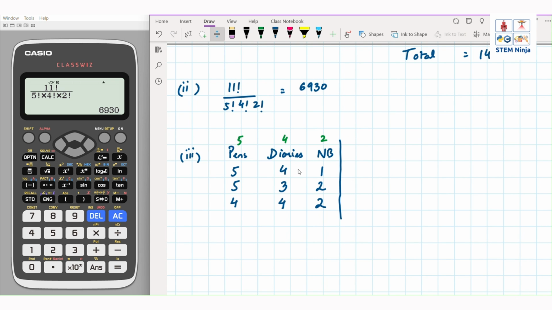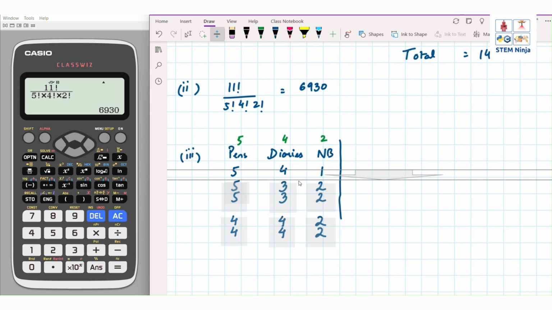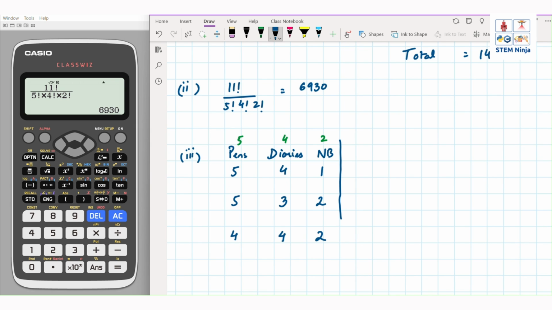Now let's make the combinations. They are going to be slightly different. Because we have identical pens, we have identical scenarios, so we have to be a little bit careful. For this one, it is 10 factorial divided by 5 factorial, 4 factorial, and 1 factorial, which is just 1, because we have 10 presents and 5 of them are identical pens, 4 of them are identical diaries, and so on.